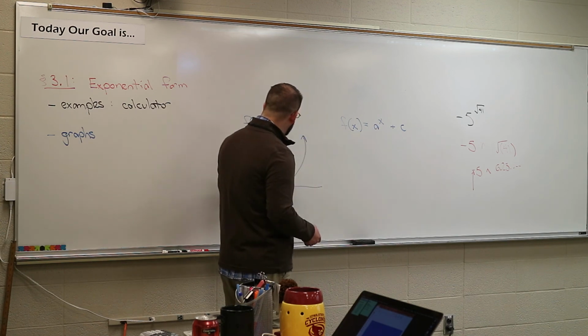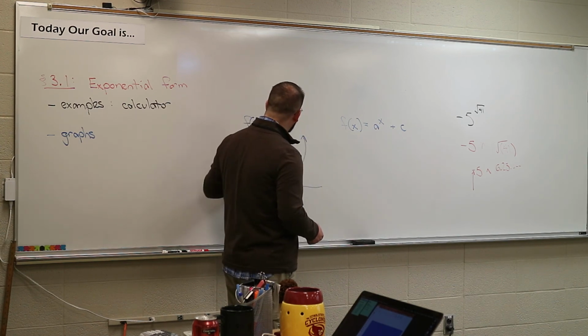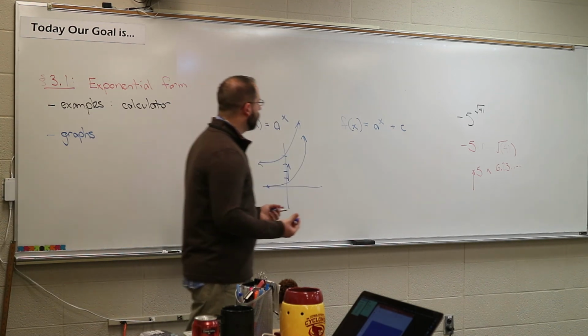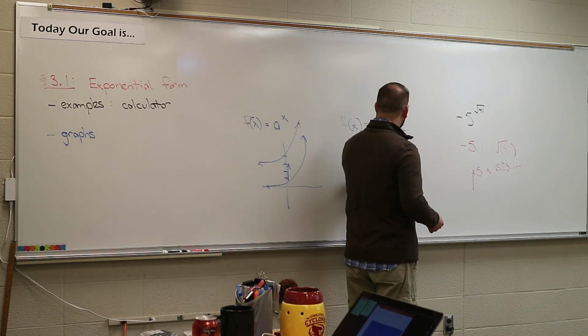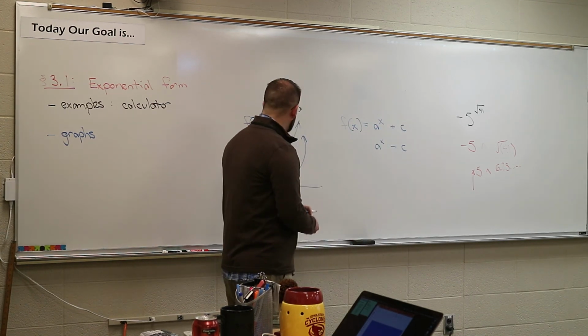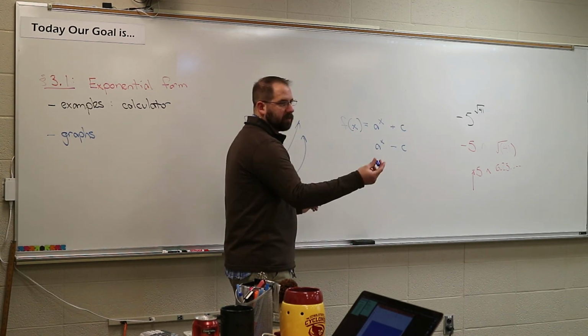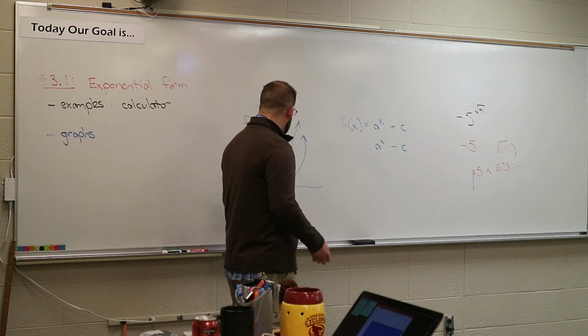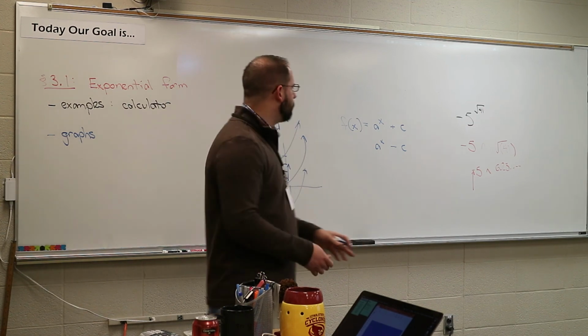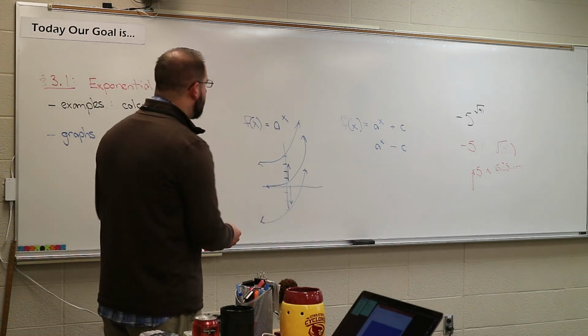That means you're going to shift this graph up 4 spots, so it's going to look like this. That changes your graph a lot. If you subtract a number out back, then it moves it down. So it'll go down that many spots, whatever c is. So if it's 4, it moves it down 4 spots. So then it will look like this.